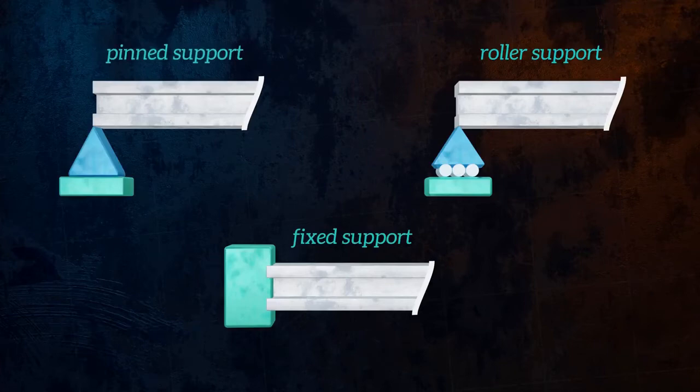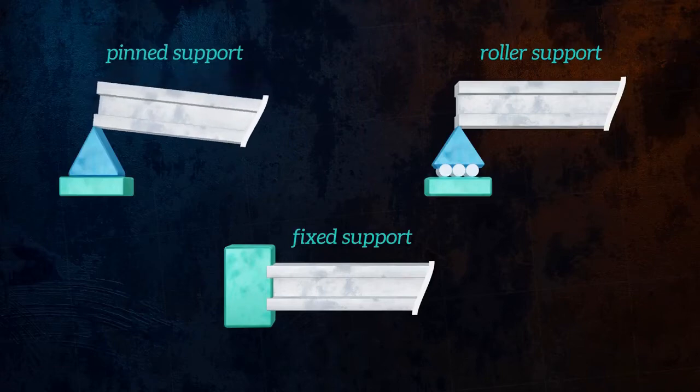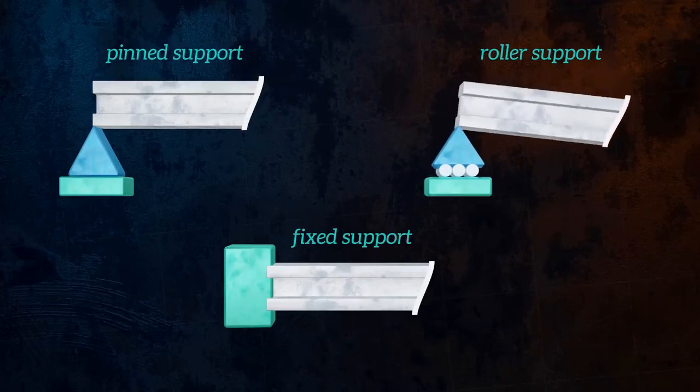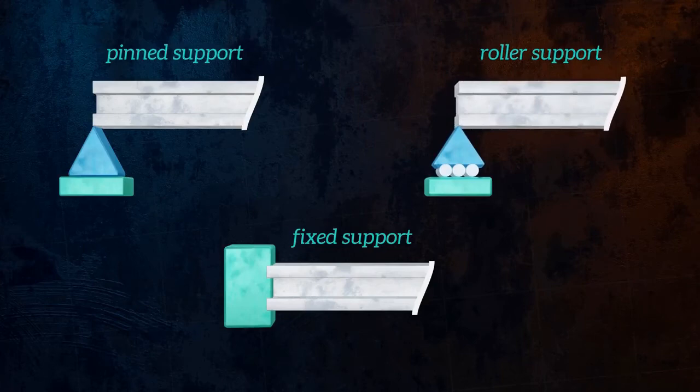The pin support provides restrictions in horizontal and vertical direction of moving, but allows the rotation, or it does not provide restriction against moment. On the other hand, roller support prevents the beam moving in vertical direction, but it allows horizontal displacements and rotation.